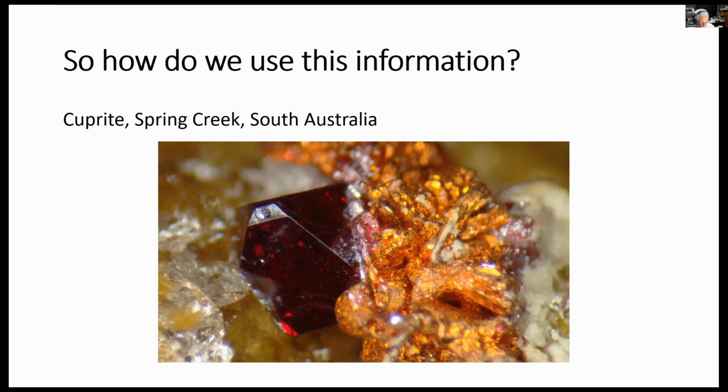So anyway, we're going to look at a few examples. Cuprite, and we can see here that we've got an octahedral crystal. It's quite a nice one from Spring Creek.